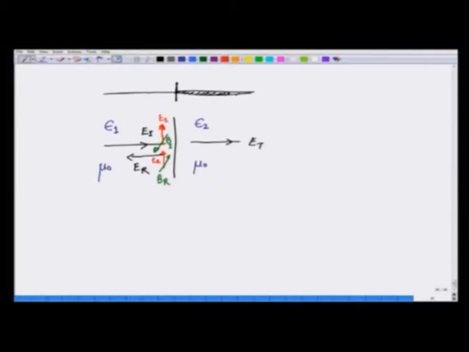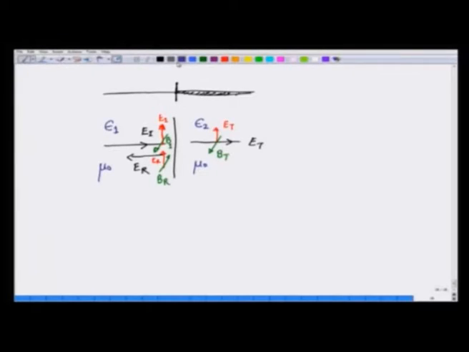At the same time, in the transmitted wave, there is going to be E transmitted, and it is going in the same direction as the incident wave. I am going to have B transmitted, as shown here, in the same direction as B incident. So, we have set up what the electric field and magnetic fields are at the boundary, and now we need to apply the boundary conditions.